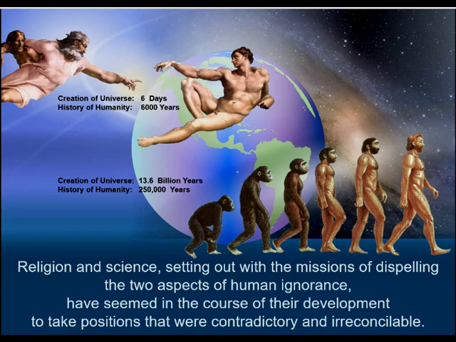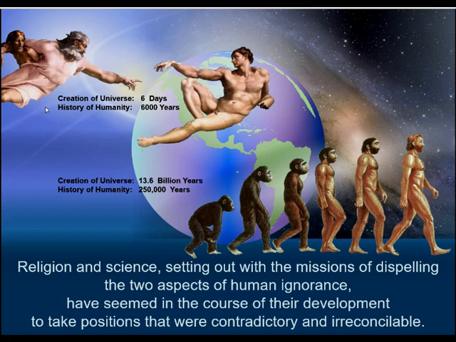Religion and science, setting out with the missions of dispelling the two aspects of human ignorance, have seemed in the course of their development to take positions that were contradictory and irreconcilable. The position of religion is that creation of the universe took 6 days. The position of science is that creation of the universe took 13.6 billion years.